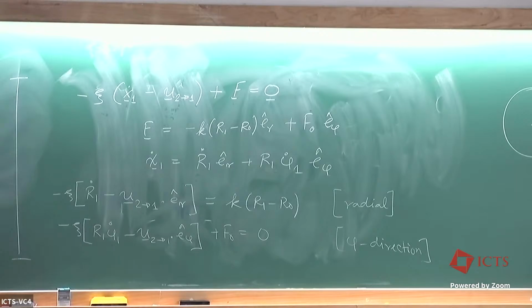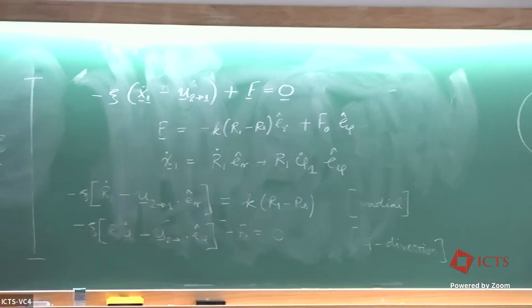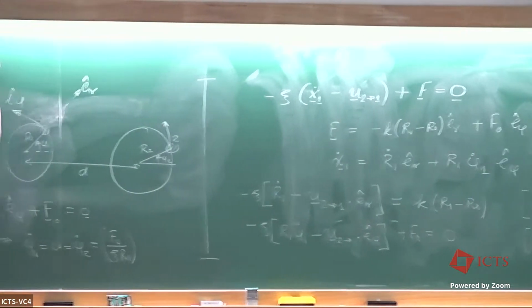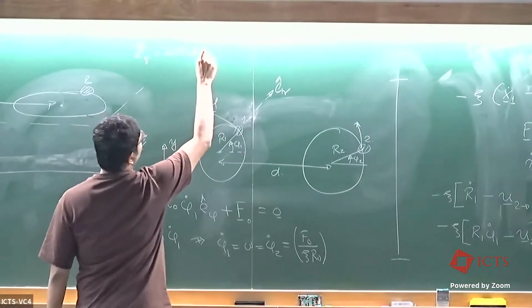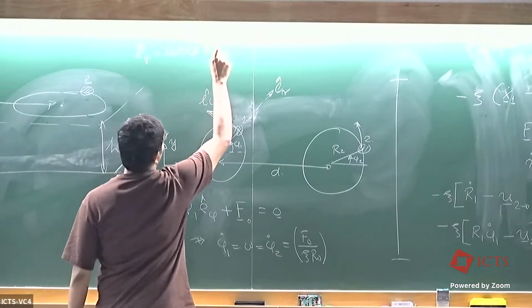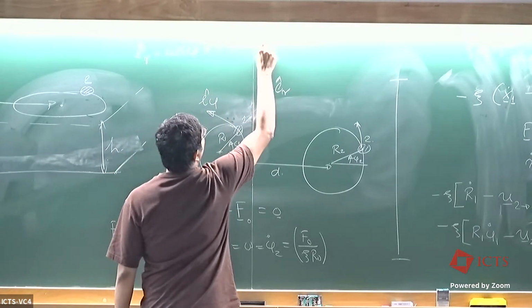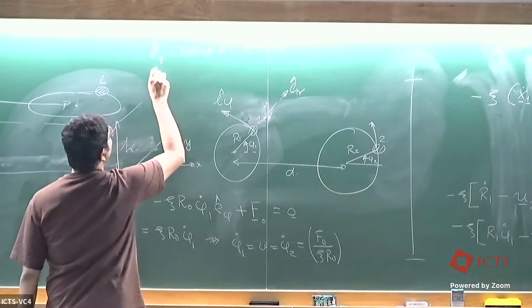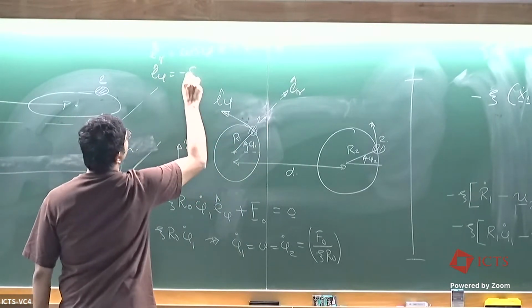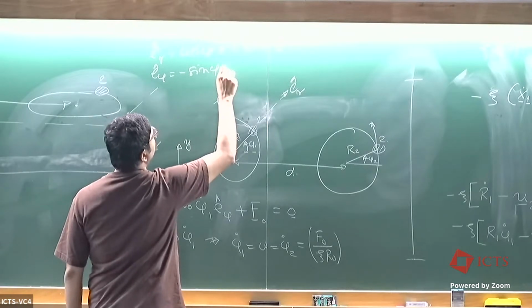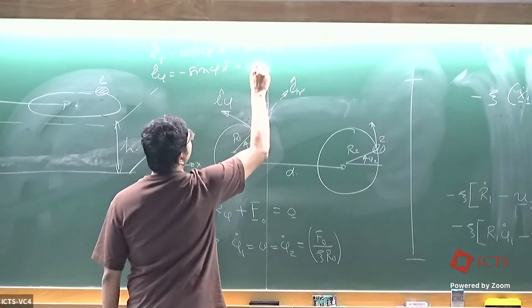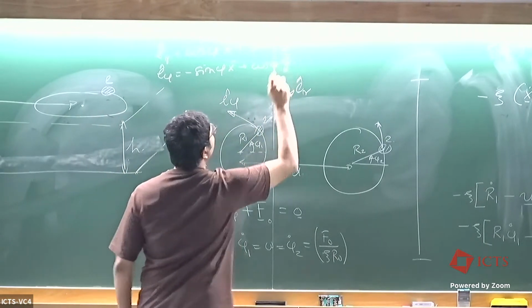So you can write down e hat phi just to make that very clear. e hat R is simply cosine phi x hat plus sine phi y hat, right? And e hat phi is minus sine phi x hat plus cosine phi y hat.